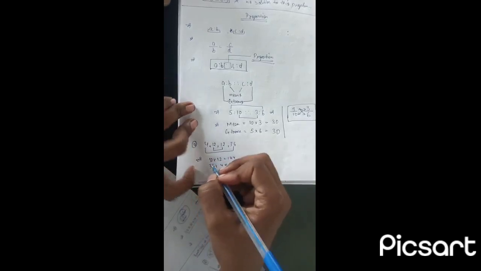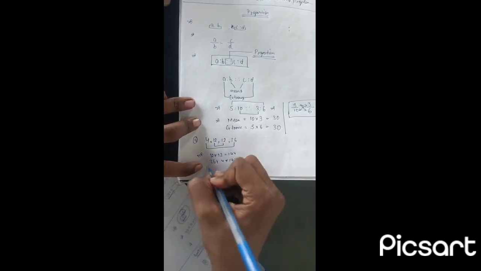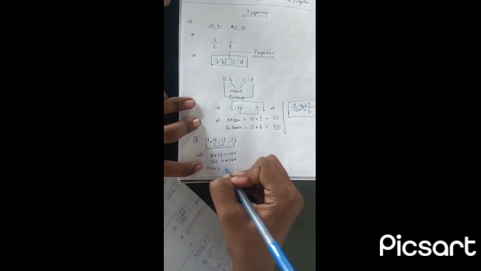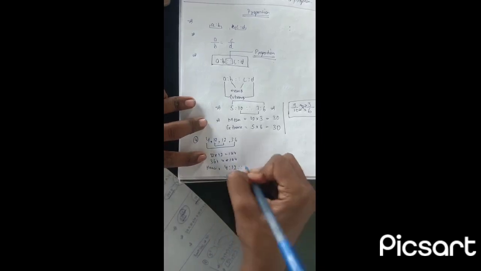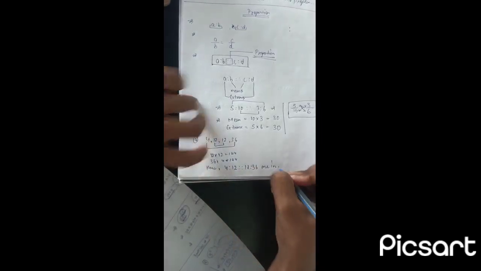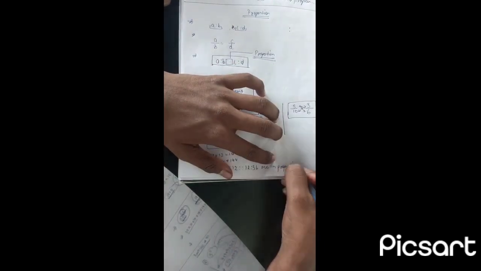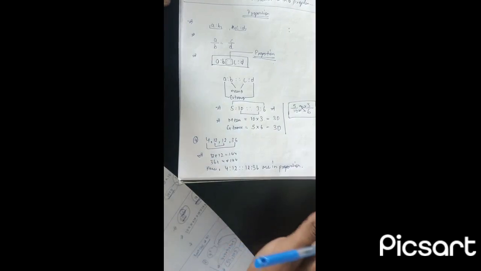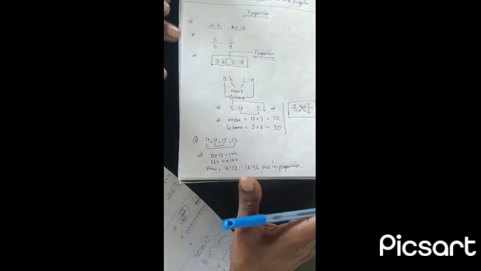So you write that the product of means and the product of extremes is 144, hence 4 is to 12 proportion 12 is to 36 are in proportion. Understand? Nothing more than this in this. Simple calculation and simple everything is there.